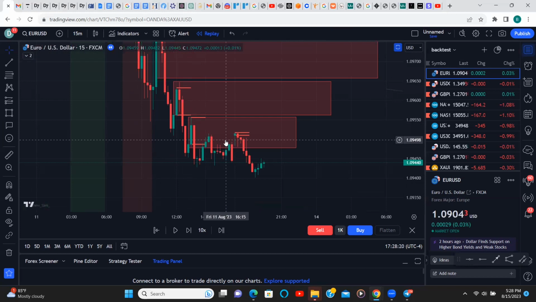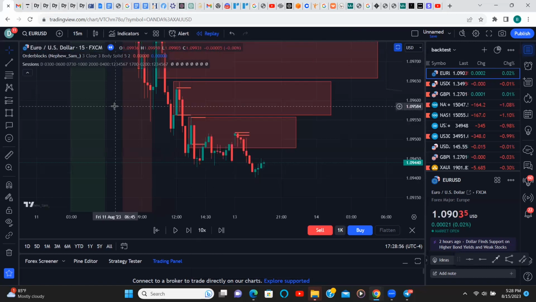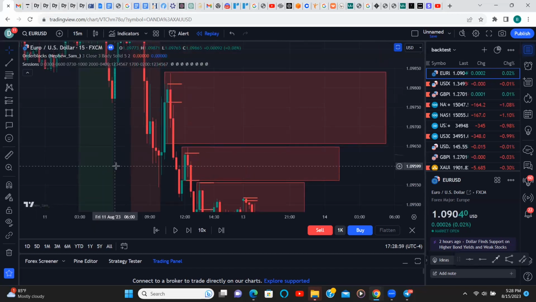When you're identifying supply and demand, you have to be able to recognize these little things. And there's also an indicator called the order block indicator, and I'll show you this right here by Nephew Sam. This is a very, very useful indicator. So definitely, if you have issues identifying order blocks, I strongly suggest that you get the order block indicator by Nephew Sam. It's going to highlight every single order block in the market for you.